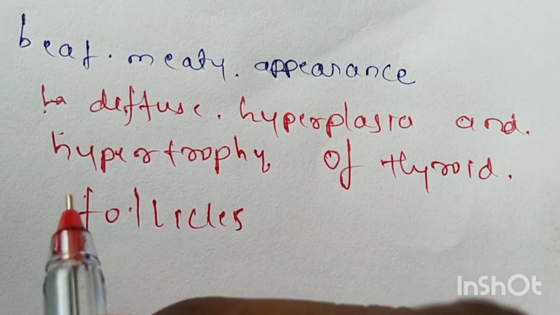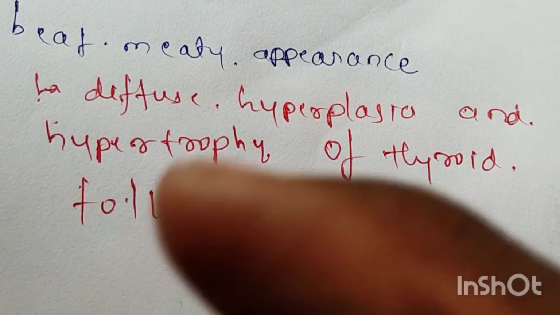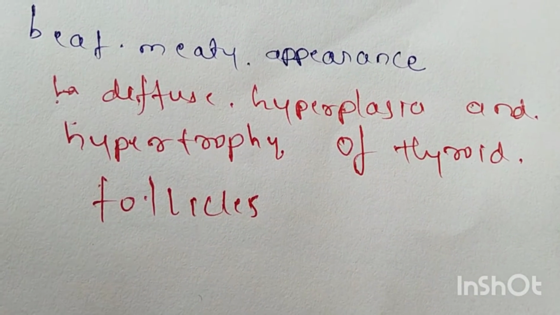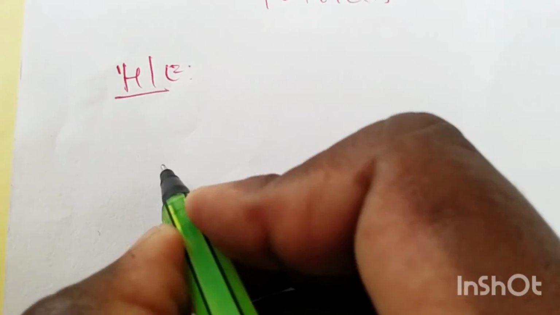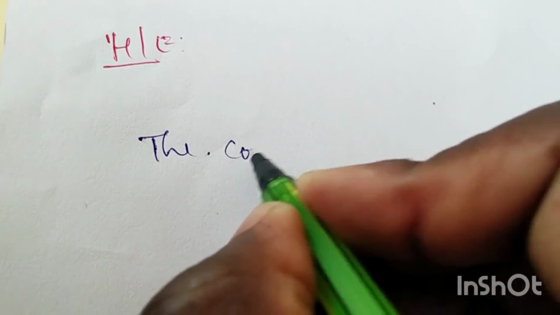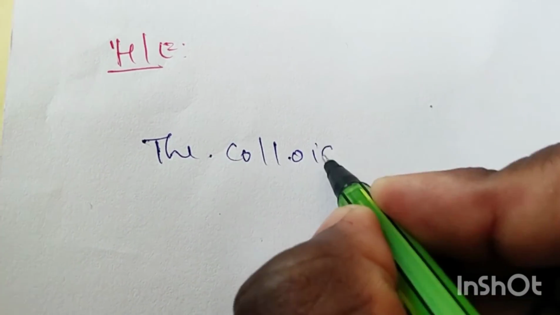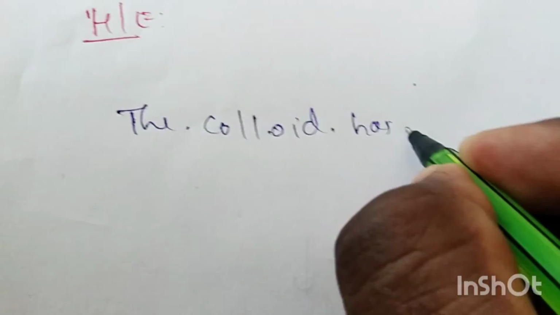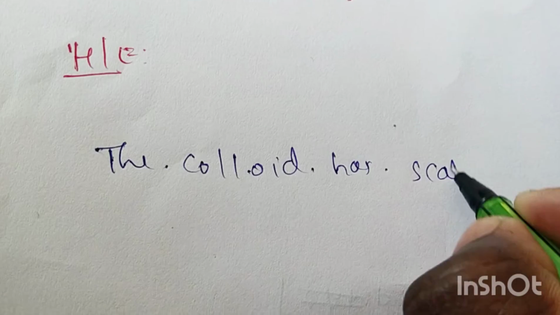What happens here is the follicles undergo hyperplasia and hypertrophy. In histology, the colloid has a scalloped margin.